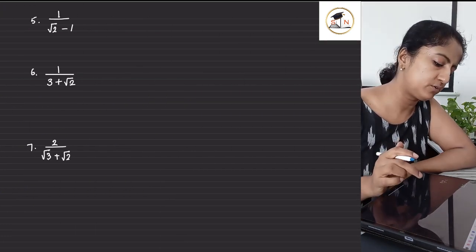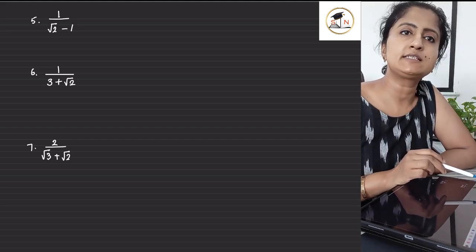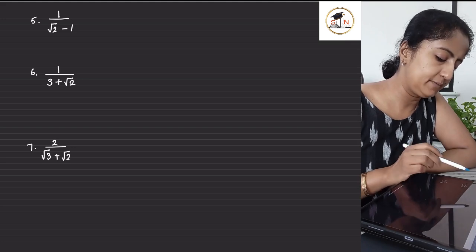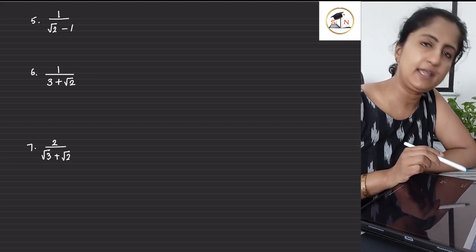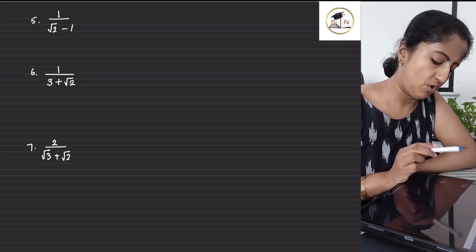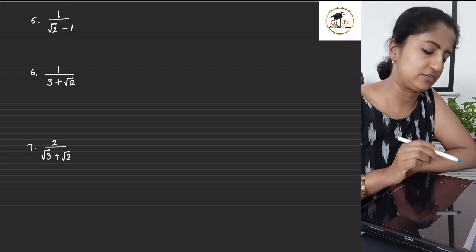Now, let's move on to the next one. In the previous slide, we saw that we had a single term in the denominator. But now what we can see on this slide, we have 2 terms in every denominator, where the terms are being separated with addition or subtraction. Now, when we have such cases, how do we need to rationalize?